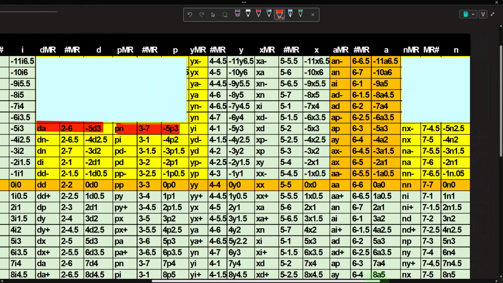What about the Locrian? Locrian's going to be different this time. It would be an NX, 7 to a 4.5, landing us in the ocean. It's still going to be -5 steps back from the Locrian node, but this time it's -2.5 modal half steps back, which lands us in the ocean.